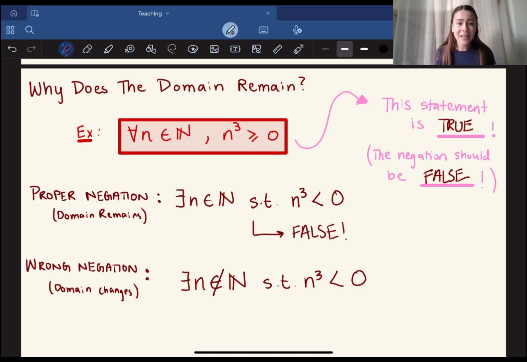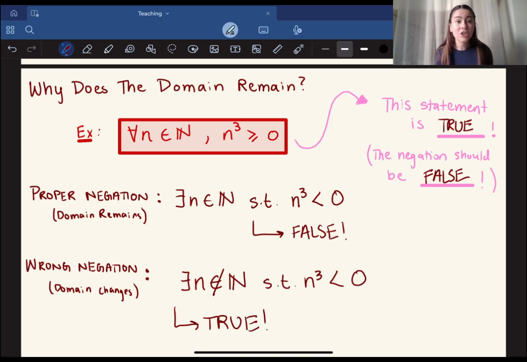So this statement is actually true. We found an example where it works. We found an n being -1, which is not part of the natural numbers, for which n cubed is strictly less than 0. So actually, this negated statement is true.